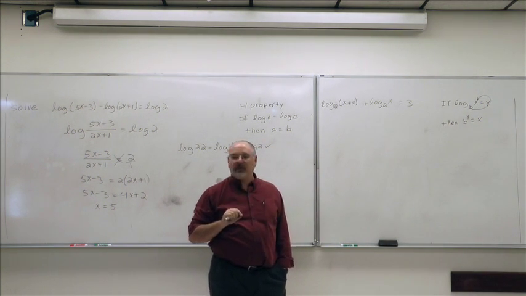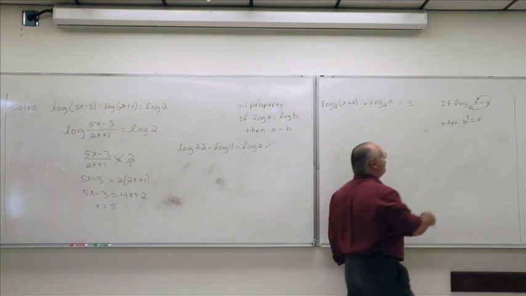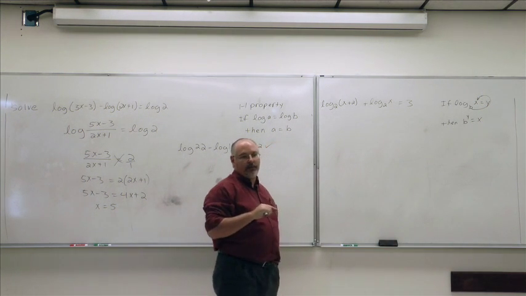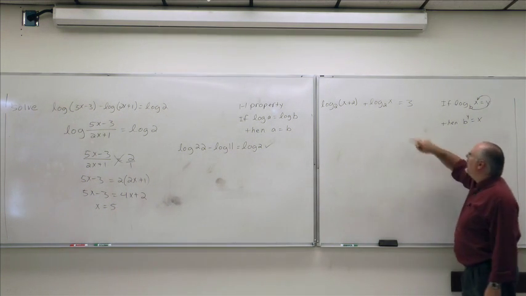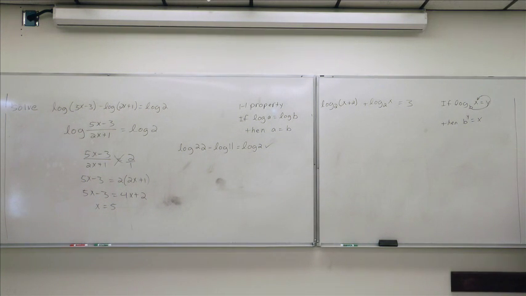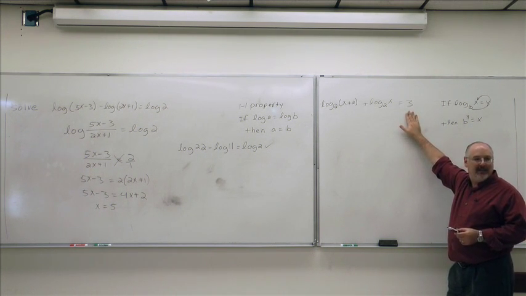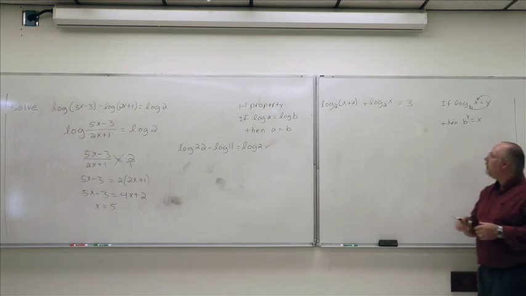A lot of students have trouble converting a log into an exponential and vice versa. If you draw the loop, it tells you how to write everything. And that's what we're going to do in this problem. The reason I know is that I don't have a log on the other side of the equation. I have multiple logs on one side and a constant on the other.